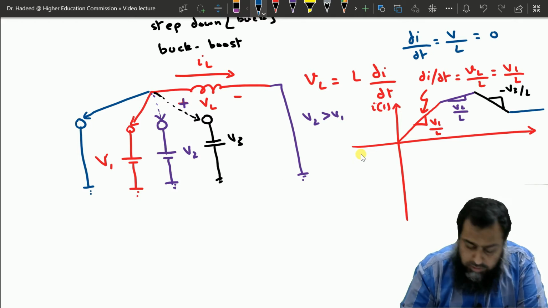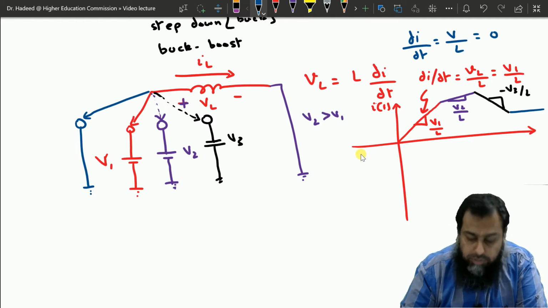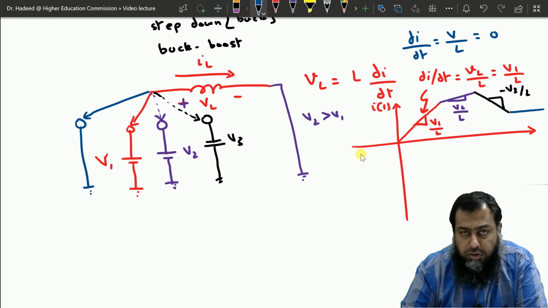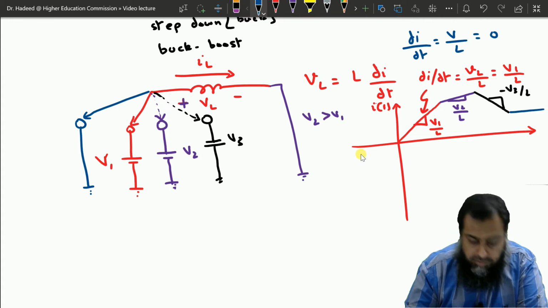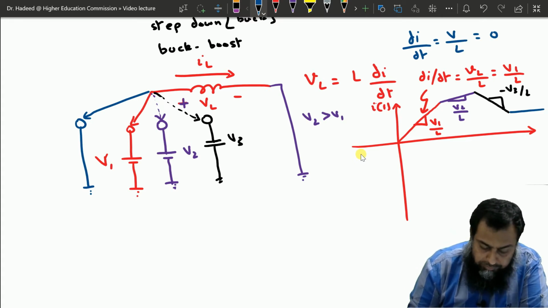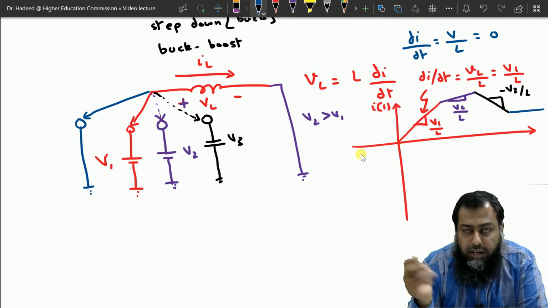So this is the basis of the analysis of all the DC to DC converters, that we need to identify the slopes of the inductor, and that is why I have shortly discussed the behavior of the inductor when it is applied with some voltage V1, V2, V3 with different slopes and different values, with negative slope and with positive slope.